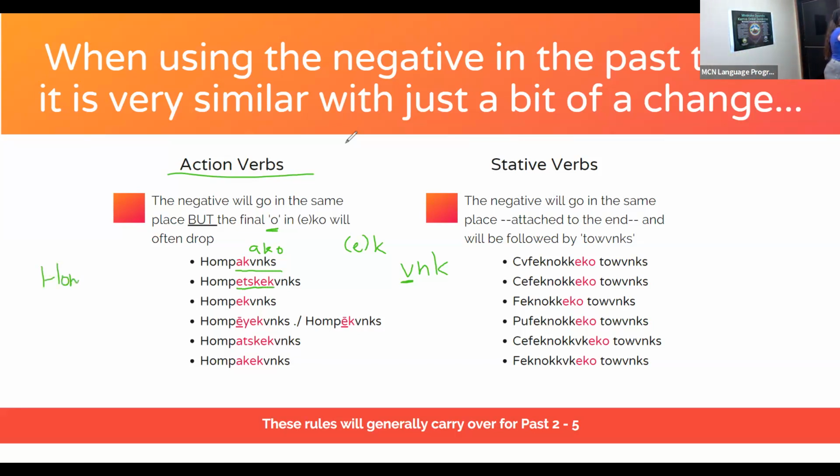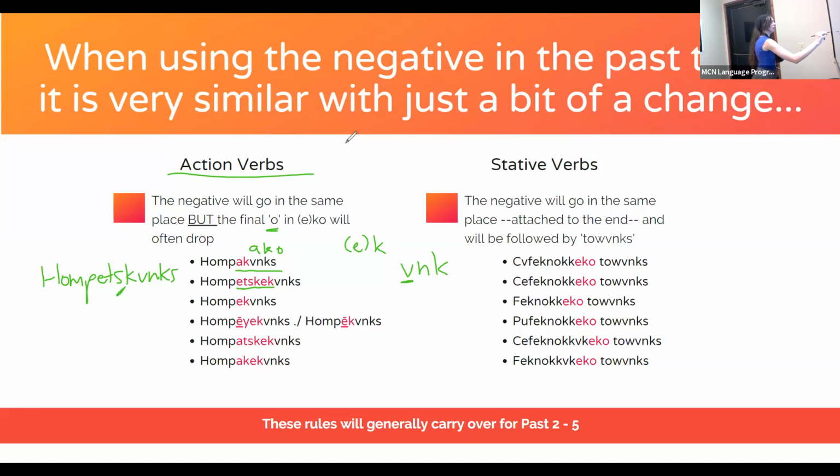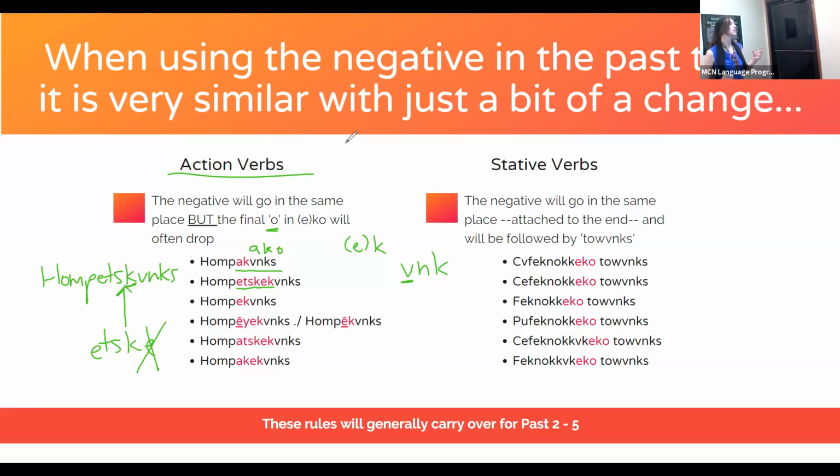At the E, that's a part of it, the E drops when we add unk, right? Hombitskunks. Because if you have that E there, hombitskunks, it becomes the negative, right? That's I did not eat.